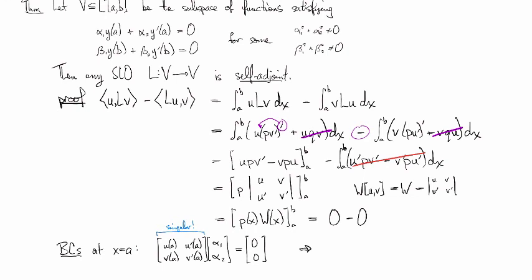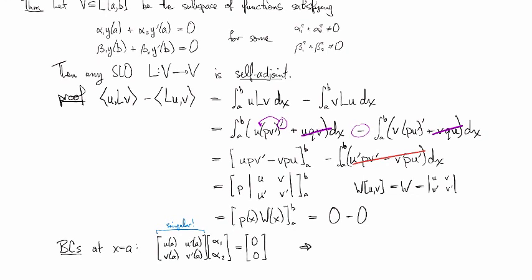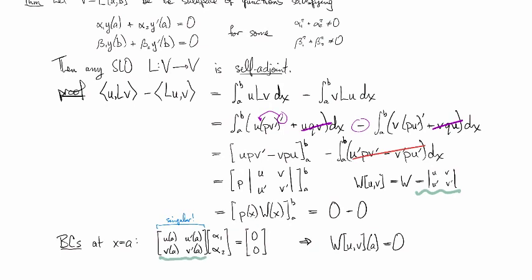So its determinant, which is equal to W, has to be 0 at a. If you recall, the determinant of the transpose is equal to the determinant of the original matrix. So even though the one we looked at up here is the transpose of this one here, they both still have the same determinant.